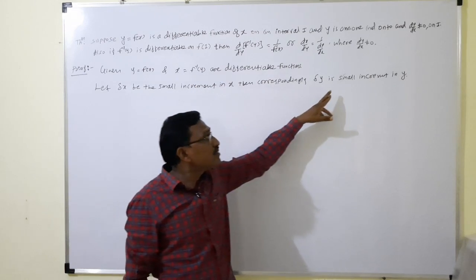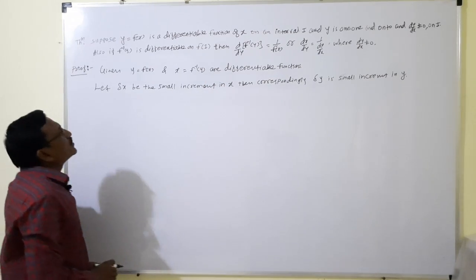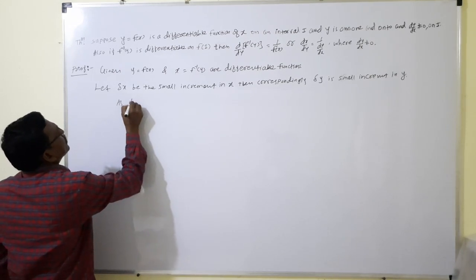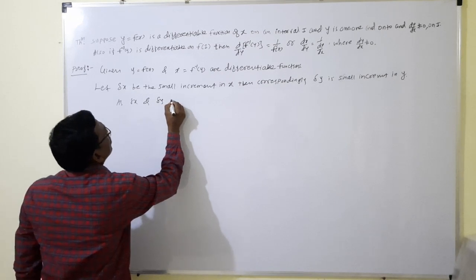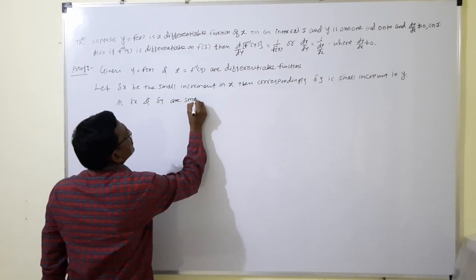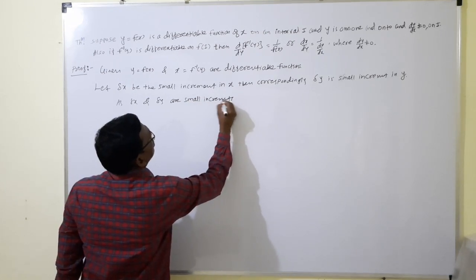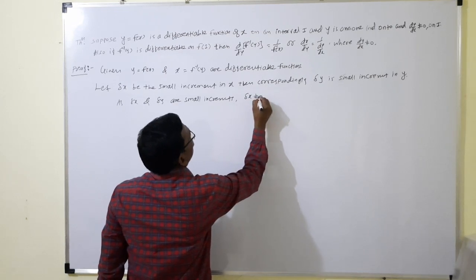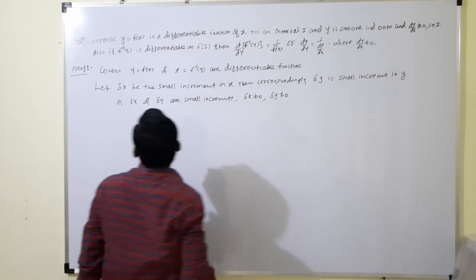As delta x and delta y are small increments, therefore delta x is non-zero and also delta y is non-zero.